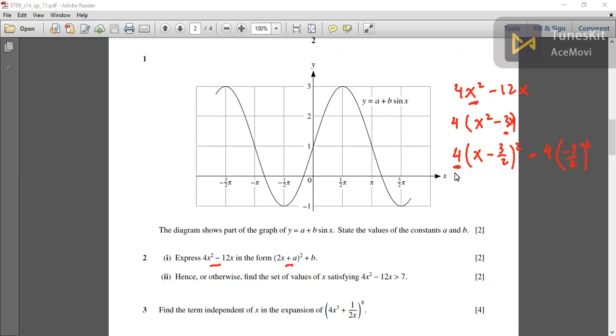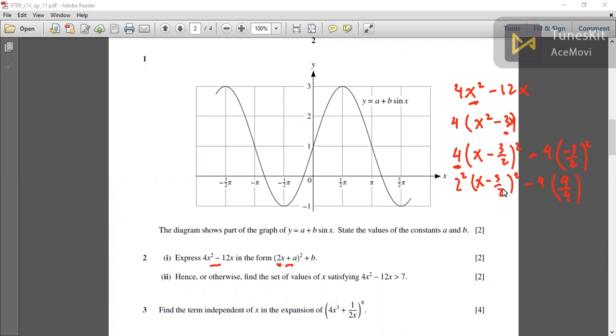Because we need to make it become 2x, I make this 4 become 2 squared, so 2 squared times (x minus 3 over 2) squared, and this minus 4 times 9 over 4.